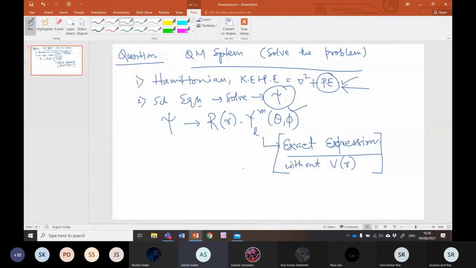Right. Can you go a little bit into details of this? For spherically symmetric potentials, we do not have that angular dependence in the potential energy.